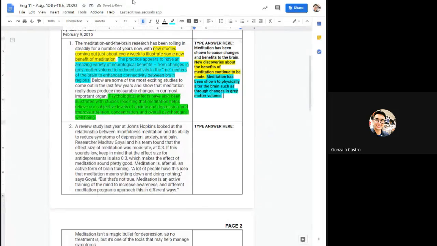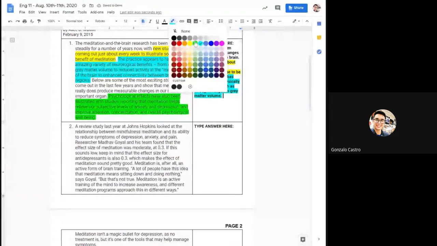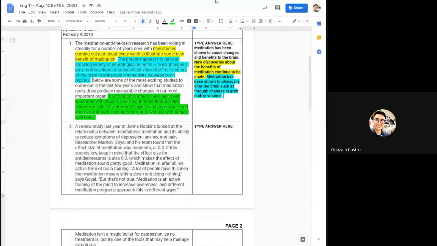Lastly, we want to paraphrase what is in green, and that's about the impact of meditation on mental health.